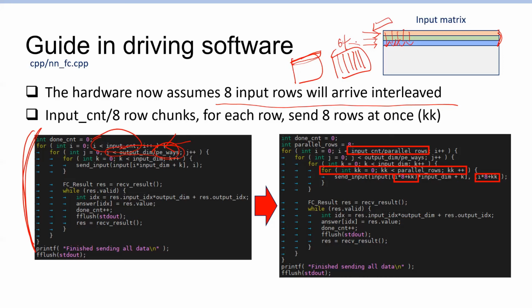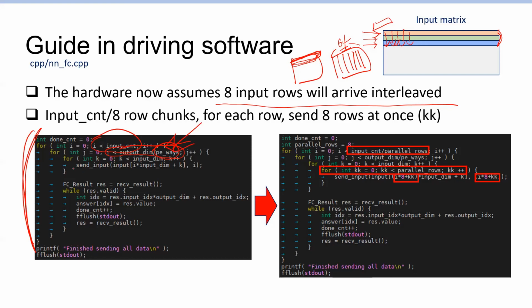But because we have 8 PEs, at least right now, working in parallel, this row is being replicated automatically across 8 PEs. So we don't have to actually send it 64 times. We only send it 64 divided by 8 times. So this is what's happening here.